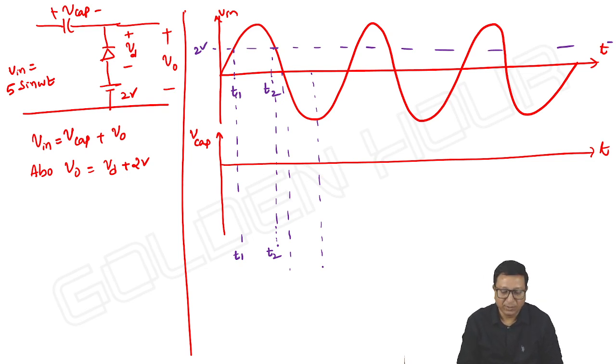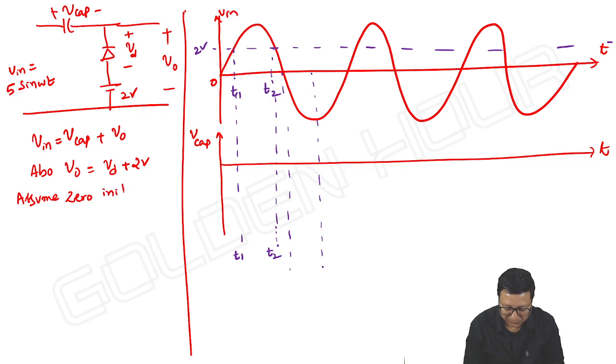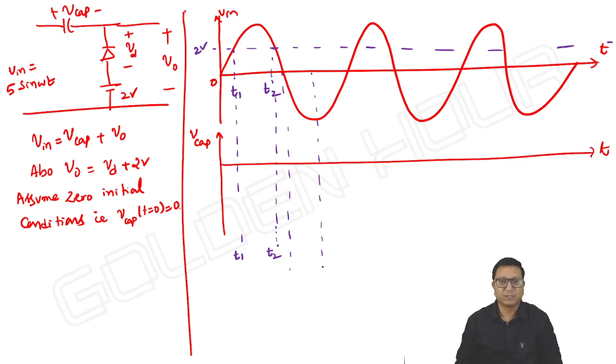Okay. Now let me take this instant as t is equal to 0. So initially the capacitor is uncharged. I am starting with an assumption of zero initial conditions, that is, the voltage across the capacitor at t is equal to 0 is 0. That's what it means.